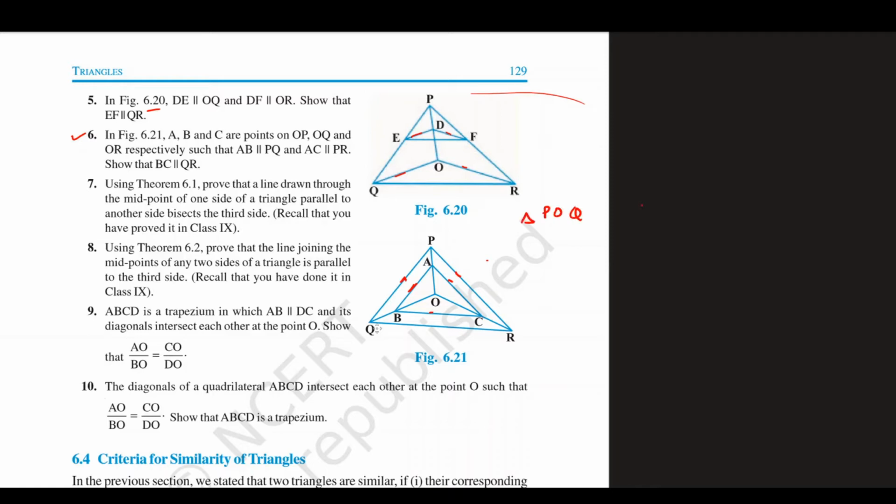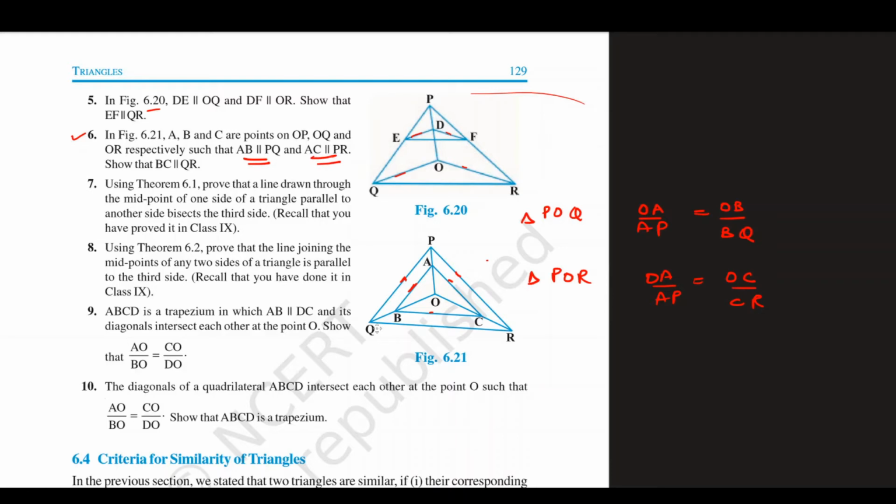We have OA upon AP is equal to OB upon BQ, as this is given, and in triangle POR we have OA upon AP is equal to OC upon CR, because this is given.